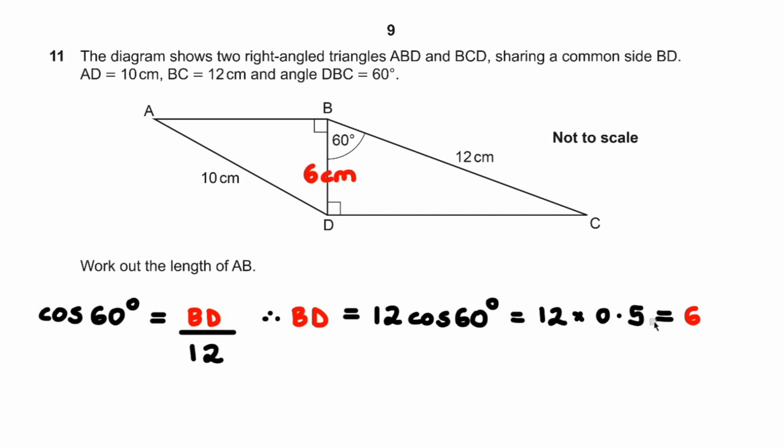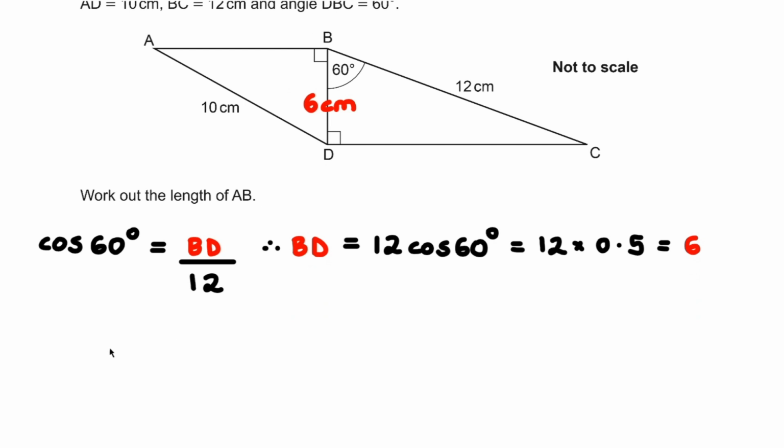And therefore what we can do is find out what AB is. So to work out what AB is, we can use Pythagoras. So we have AB squared plus this 6 squared, and that's equal to 10 squared.